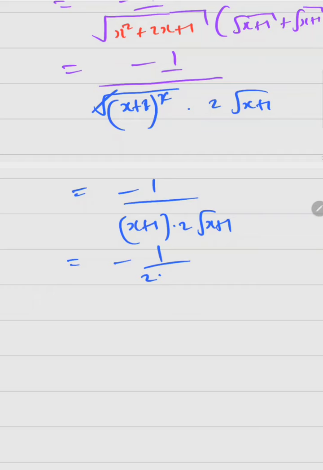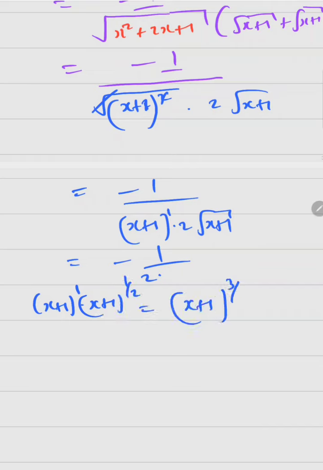Recall, this is x plus 1, which is the same thing as x plus 1 raised to 1. And you know, the square root of x plus 1 is also the same thing as x plus 1 raised to half. It means if you apply your laws of indices, x plus 1 raised to power half, then this is going to give me x plus 1 raised to 3 over 2. You see what I mean?